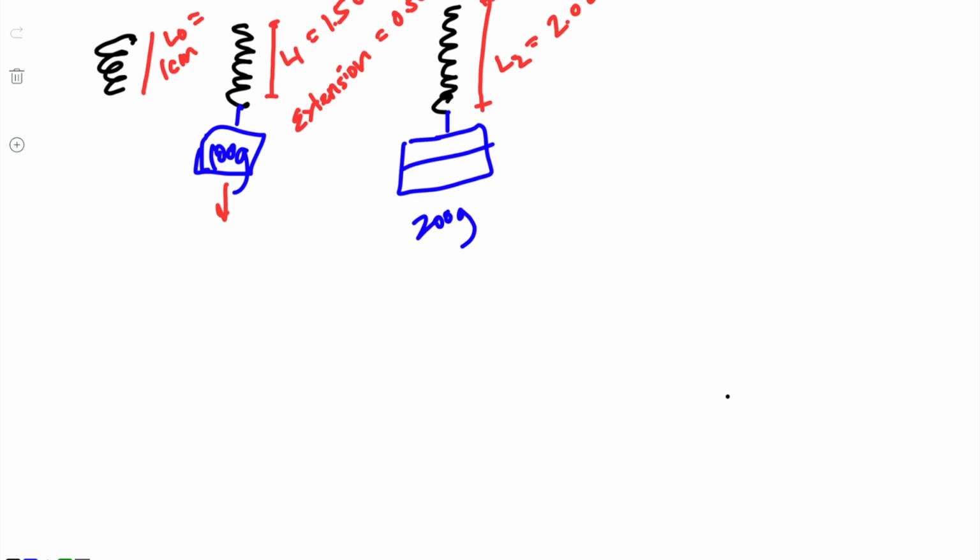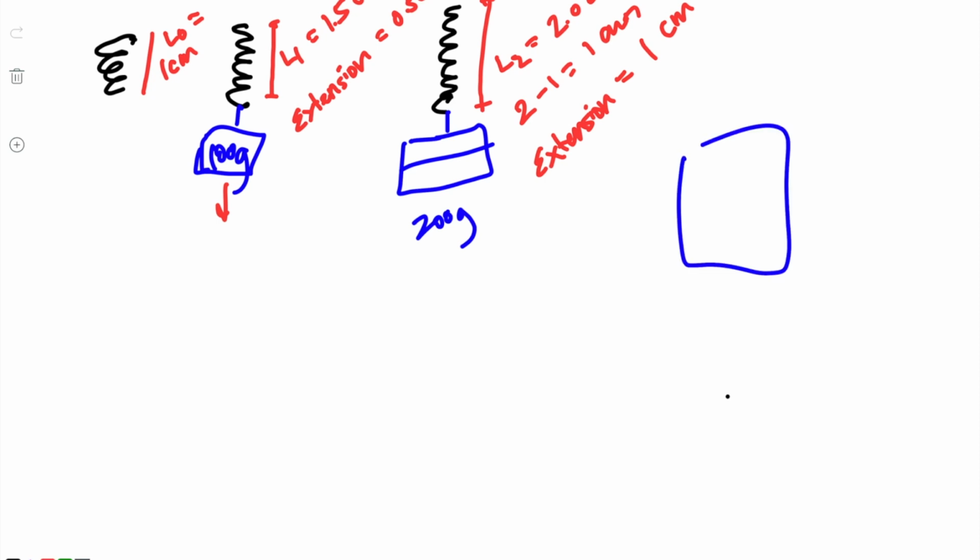Well, again, what's the difference between L2 and the original L0? Well, 2 minus 1 is 1 centimeter. That's the difference. So the extension here is 1 centimeter.